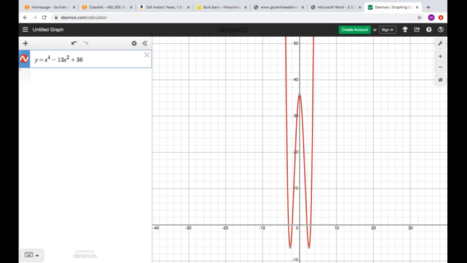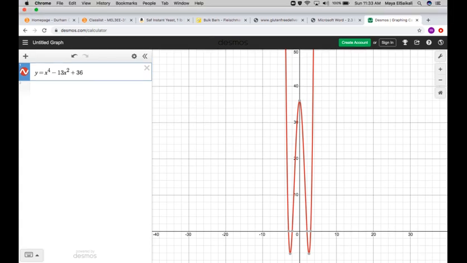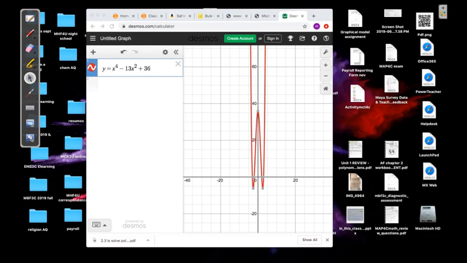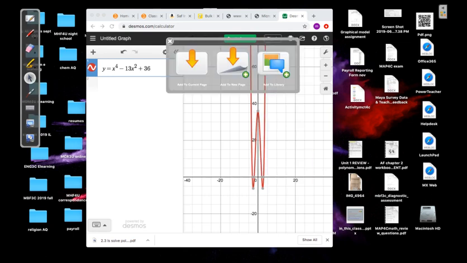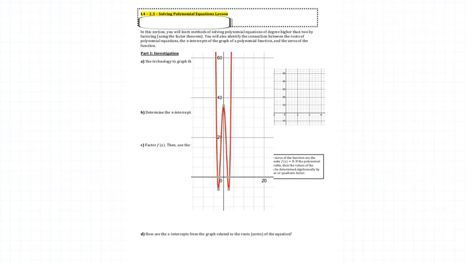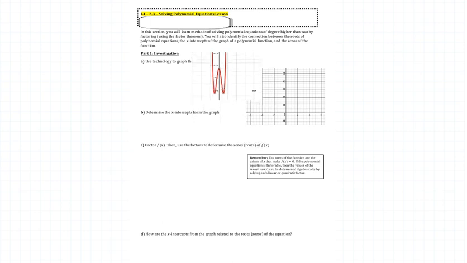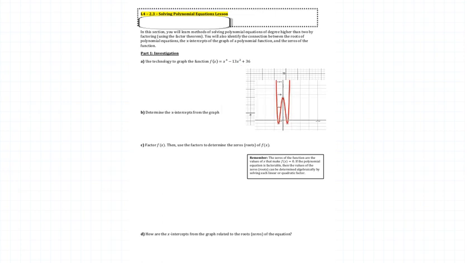So let's copy this graph into there we go. It does look a little bit stretched, but this is the best I can do right now. So here's my graph.